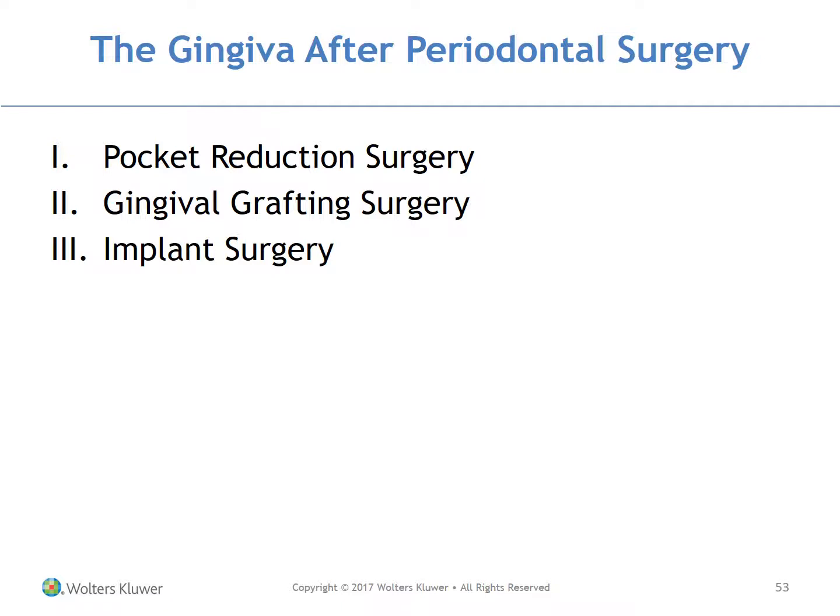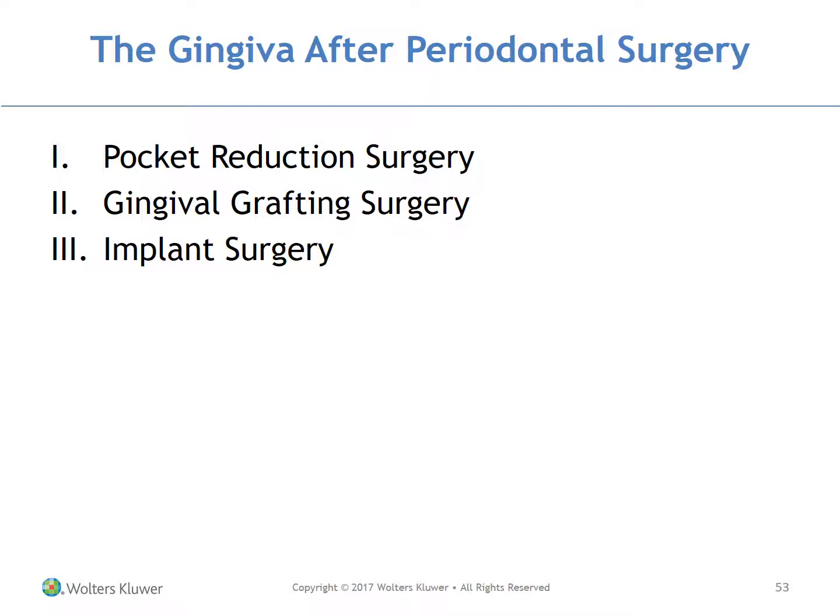And then we have implant surgeries, and the gingiva around the implant should have the same color and consistency as all the other natural teeth gingiva, okay? The contour of the gingiva will depend on the placement of the implant, but may result in an open embrasure interproximally, like those after pocket reduction surgery.